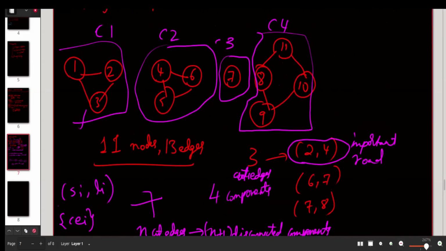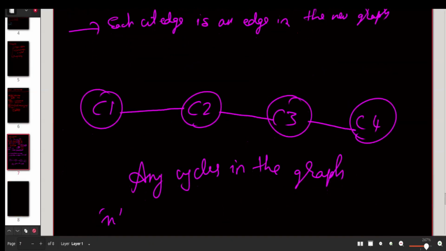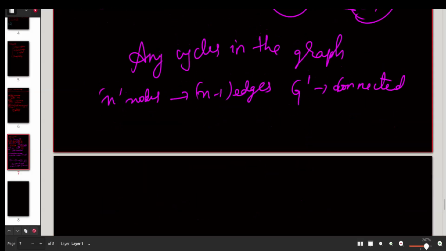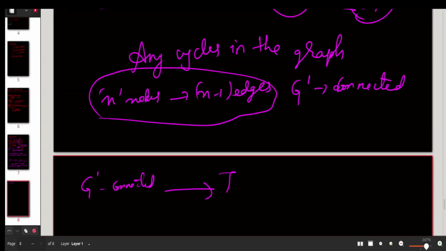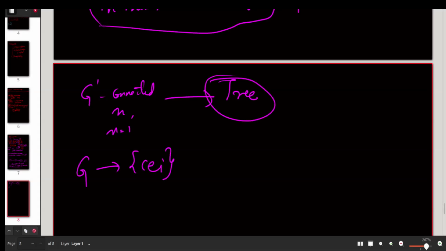Because for n plus 1 disconnected components, there are n cut edges. So for n nodes, there are n minus 1 edges. And also this resultant graph G dash is connected. If you recollect, a graph that is connected and has these properties is actually a tree. So you take the original graph, find the cut edges, and disconnect the graph by cutting those edges.